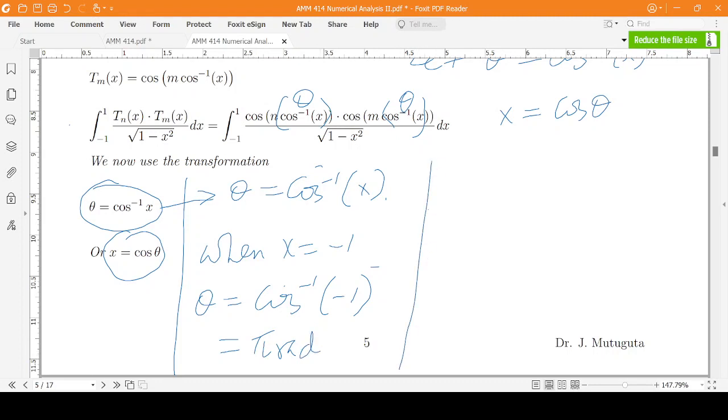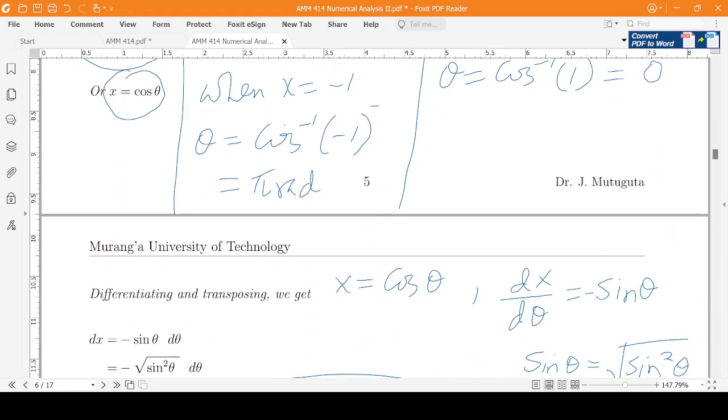The upper limit is when x is 1, and so theta becomes cos inverse of 1, and we know that cos inverse of 1 is 0. So the upper limit becomes 0. So the integral will be from pi to 0.